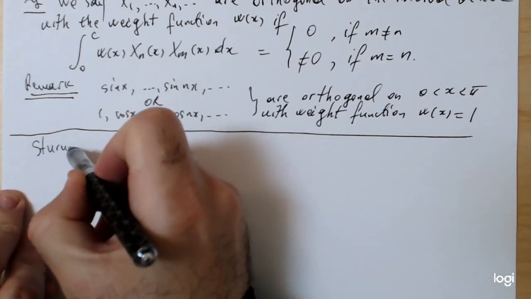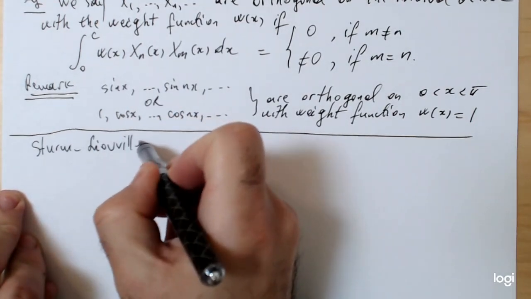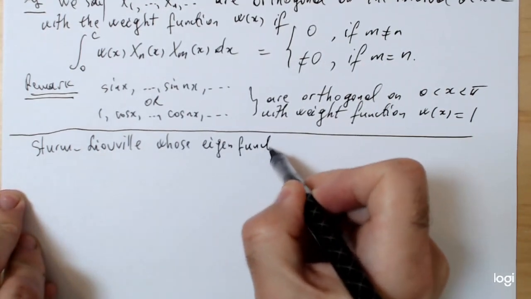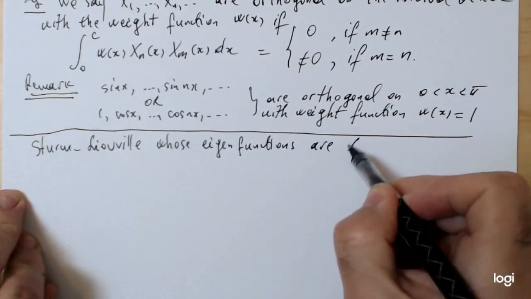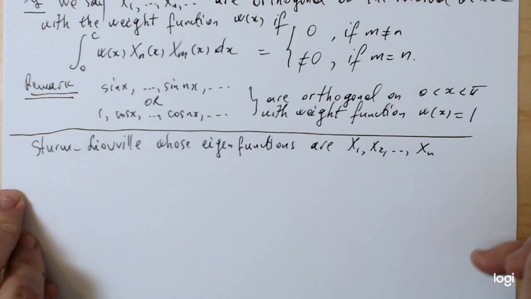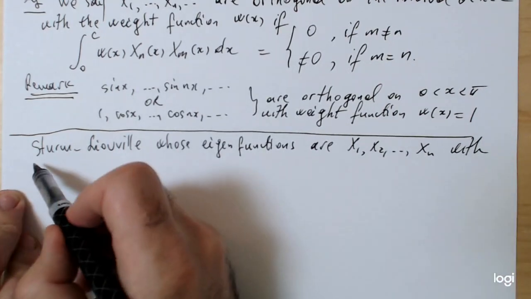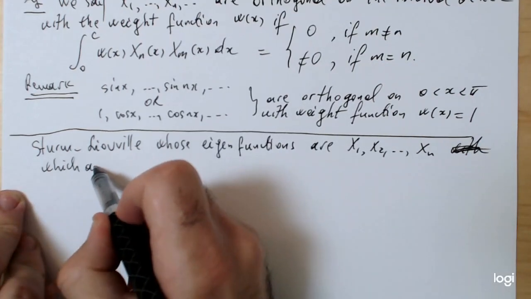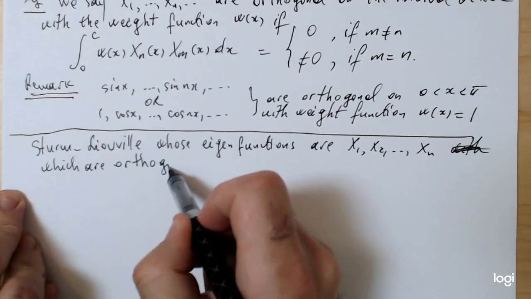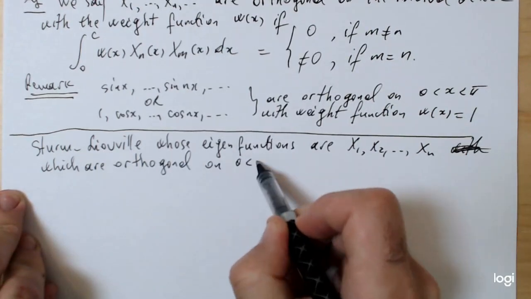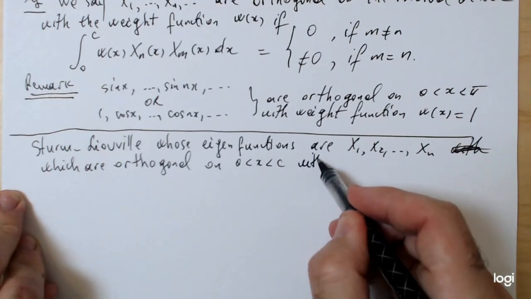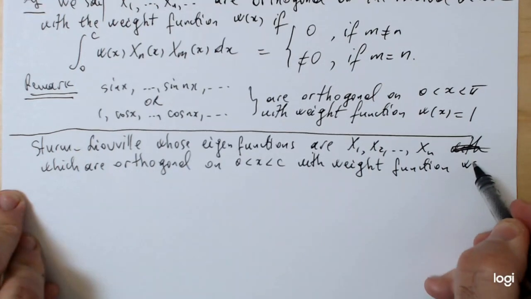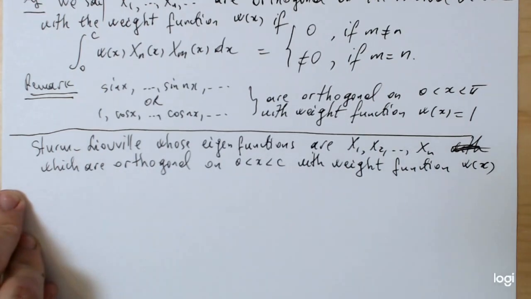So suppose you have a Sturm-Liouville problem whose eigenfunctions are x1, x2, xn, which are orthogonal on some interval with a weight function w of x.